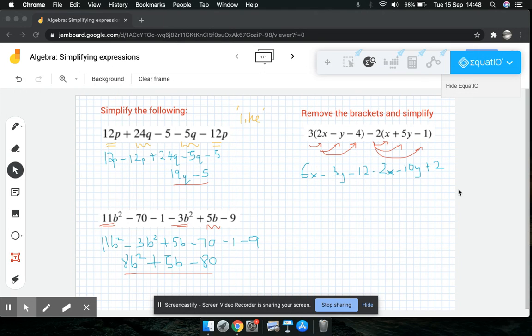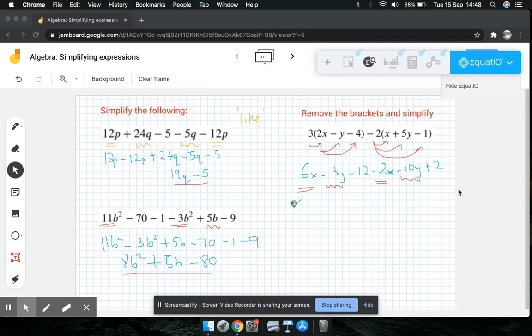And in order to simplify this, I need to identify my like terms again. So 6x is definitely similar to minus 2x. Minus 3y is definitely similar to minus 10y. And then we have the numbers as well that we can sort at the very end. So I'm going to rewrite this question now.